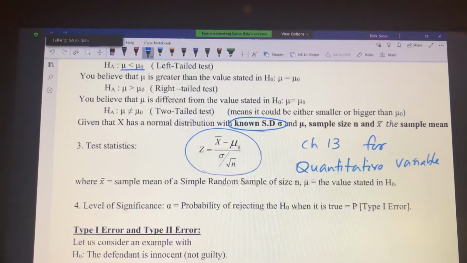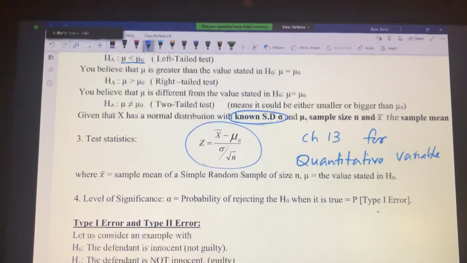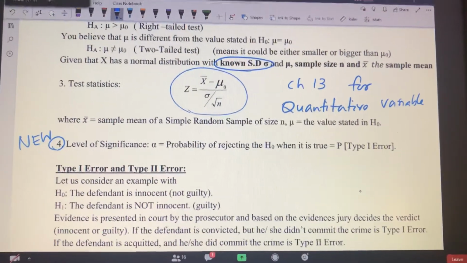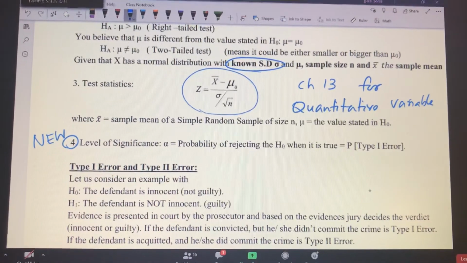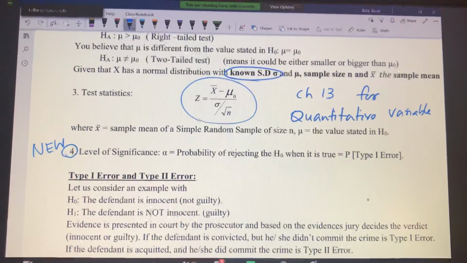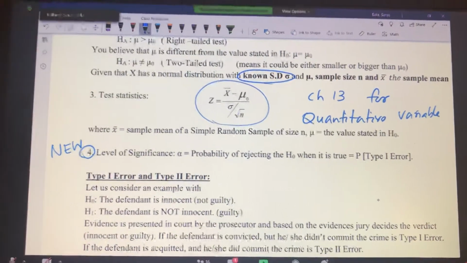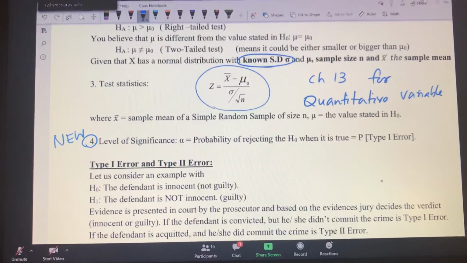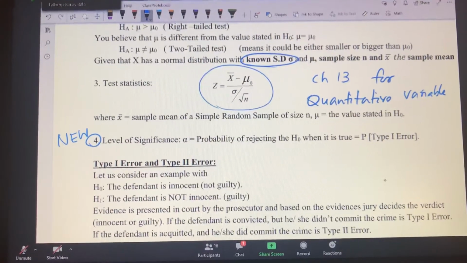This is new. What is new? The new concept is the level of significance. In the first part of chapter 14, I introduced C, which is the level of confidence or the confidence level. And here in testing of hypothesis, I'm going to be introducing a new number called alpha.